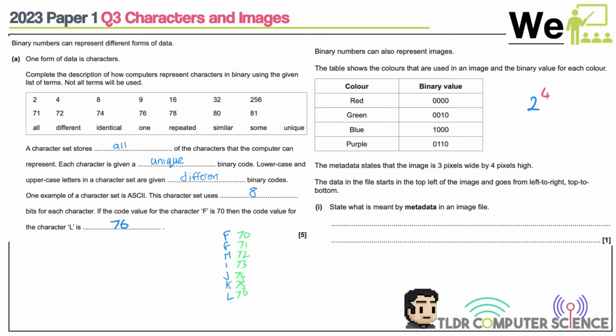What else could be metadata? The width and the height of the image. The color depth is metadata. The date it was made, the author of it, the file size. All of this is metadata. What is the only thing that isn't metadata? The raw data that makes it up. The ones and zeros that actually make up the image, which is actually most of the file, clearly.